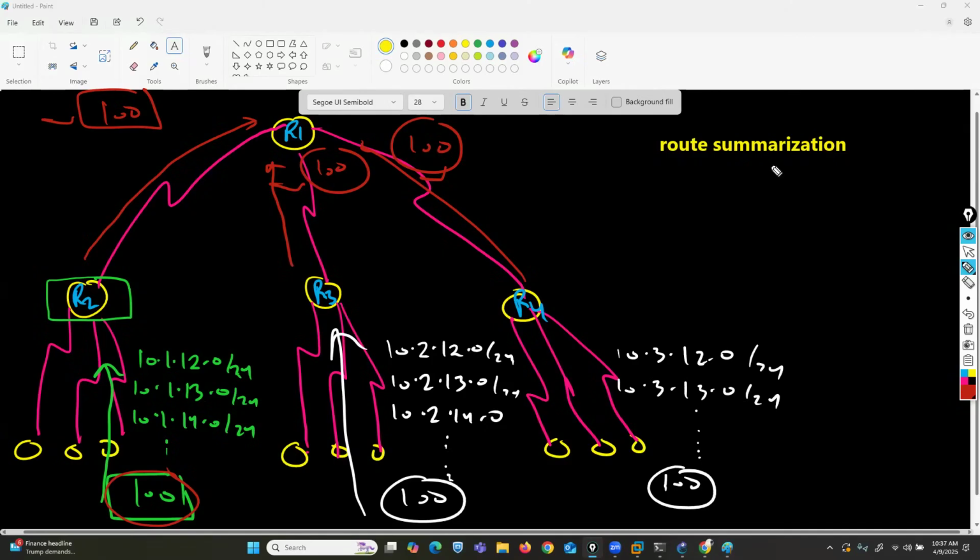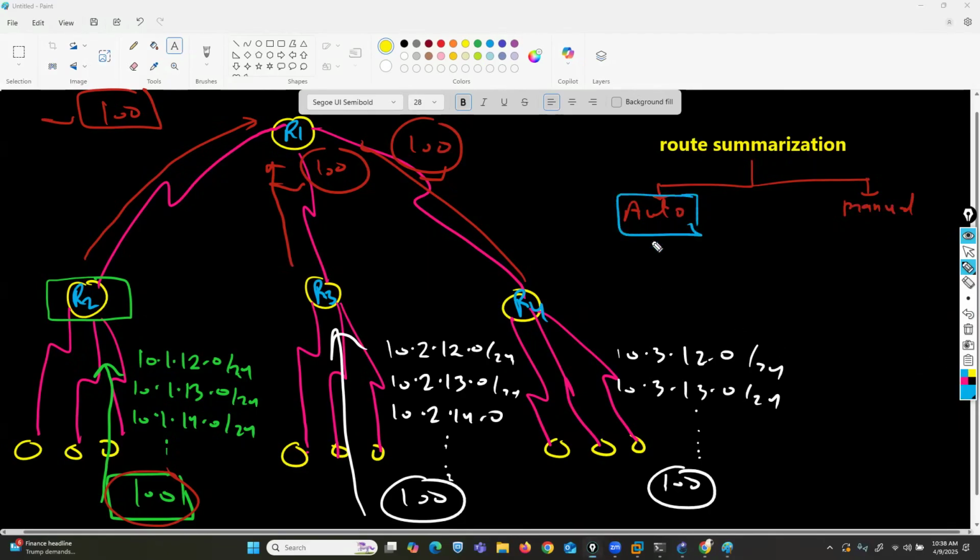With route summarization, protocols can summarize routes. Protocols can minimize the size of the routing table. If you talk about the route summarization concept, we have two types of summarization: auto summarization and manual summarization.